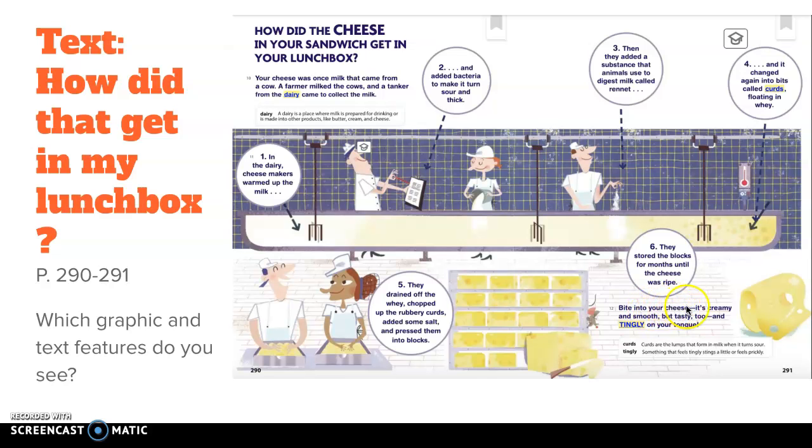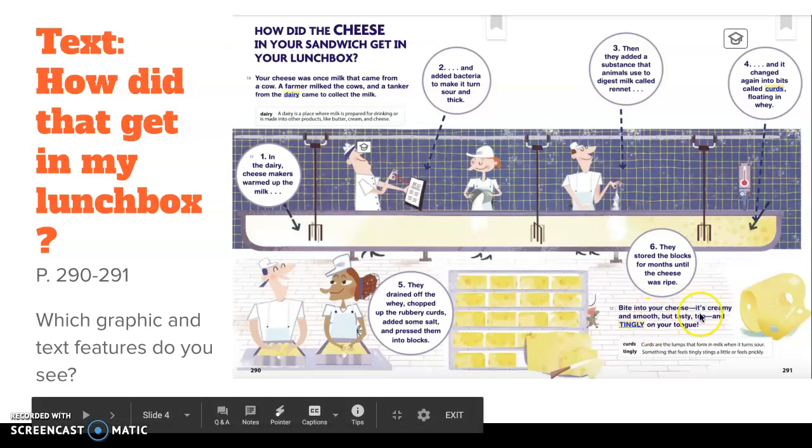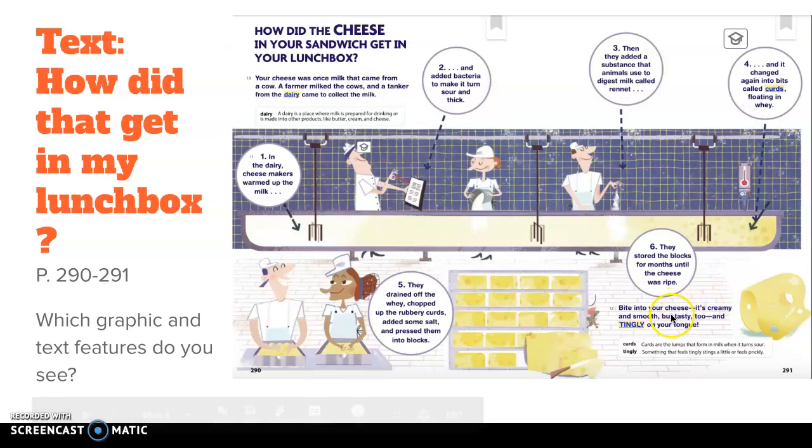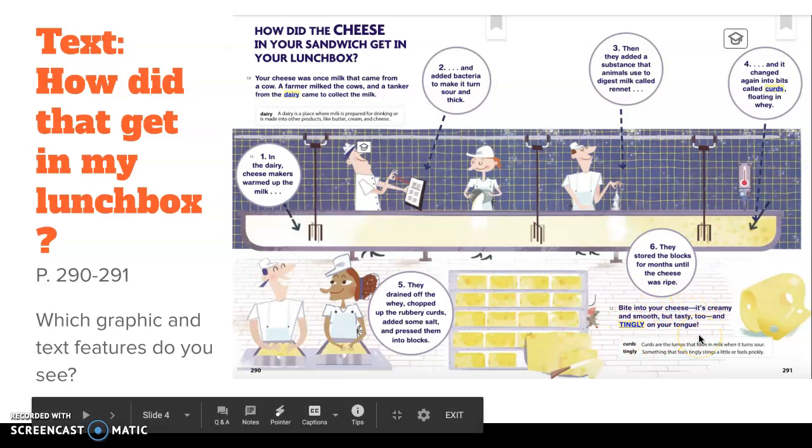It's talking about biting into your cheese, and then it's telling us more about biting into our cheese. At first it's talking about the texture and the taste, and then it goes into how it feels. Again, we have a box down here that has 2 words in bold, and their definitions are not in bold.